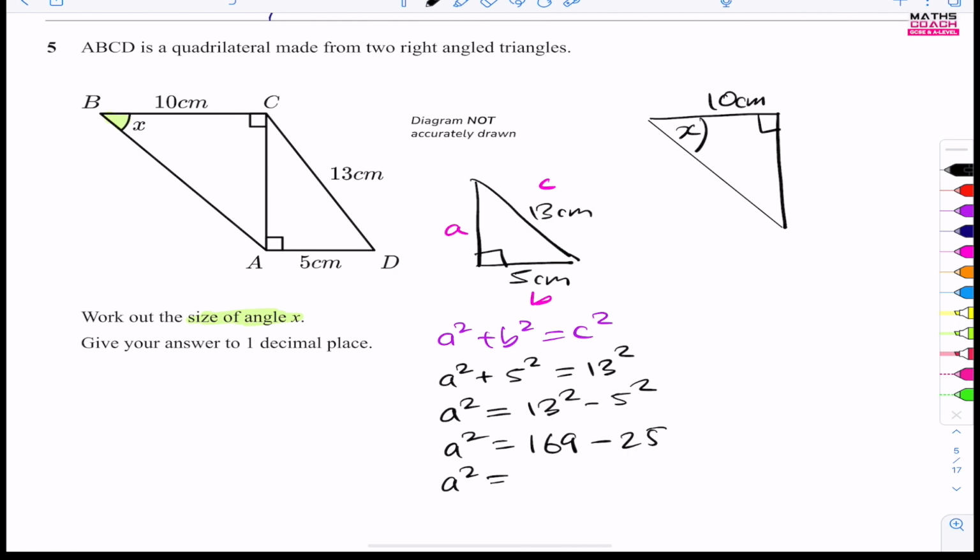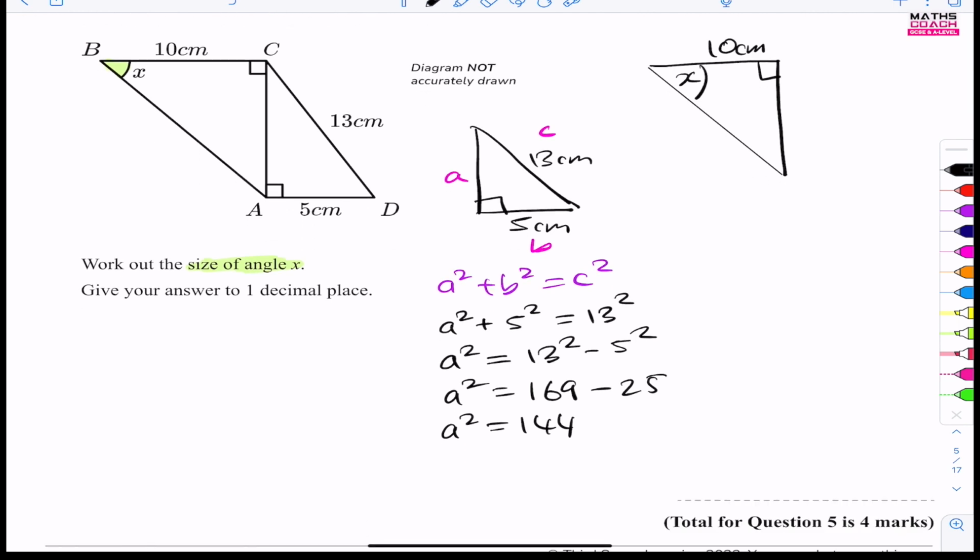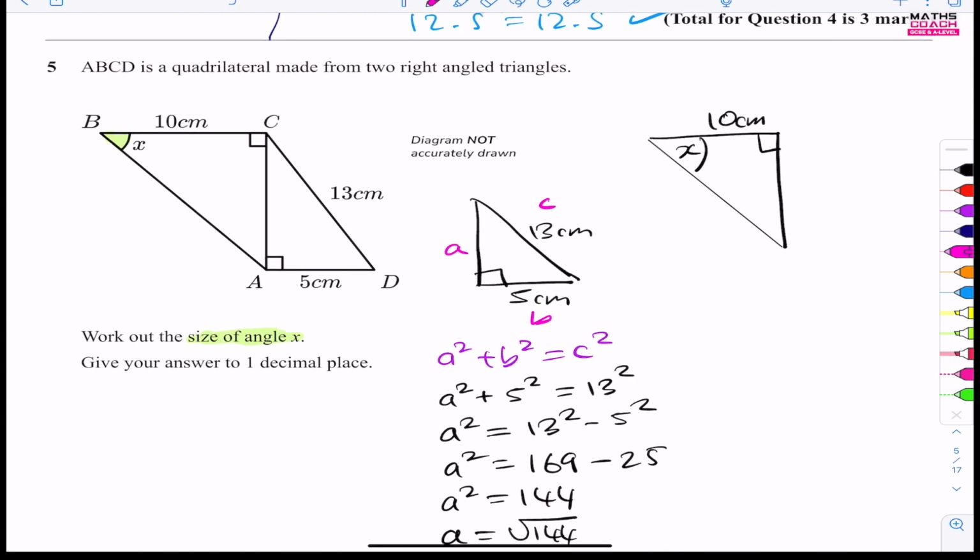So if you now subtract them, we get 144, and the square root, because we don't want A squared, we want A. So the square root of 144, A is equal to 12 centimeters. So now that I have A is equal to 12 centimeters, this is now known. So this is 12 centimeters, because remember, A is this length right there, and that length is the same as this length right there, because that is the triangle that I've just drawn, okay?